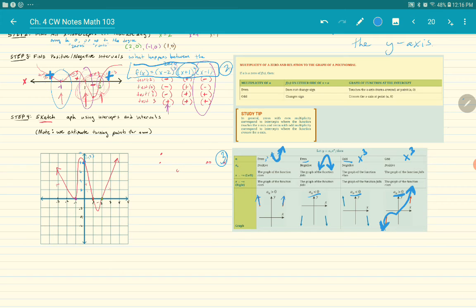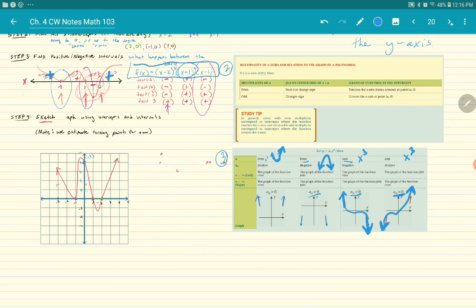That's going to be true for all of our odd functions with a greater than 0; we have that same end behavior. And with all our odd functions that have a less than 0, we have this end behavior like that.